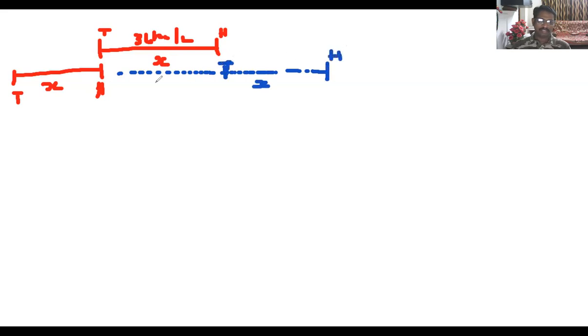Then the total length traveled is x plus x. You can imagine the head, the engine, has traveled x plus x, that is 2x distance, in a time interval of 36 seconds.